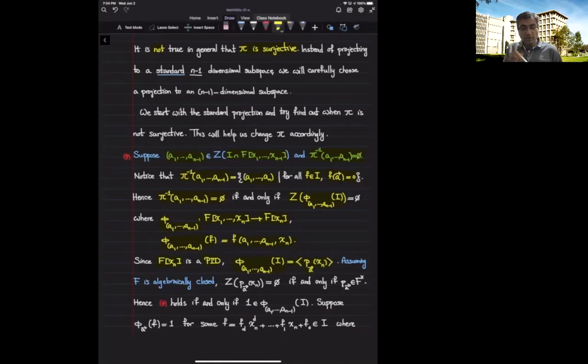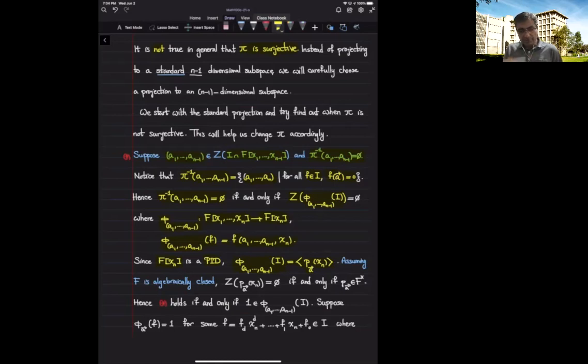Now, whether or not this principal ideal has a common zero just depends on the generator. If the generator has a zero, then every element inside this ideal has a zero, and it's the same as the one that the generator has. So everything boils down to understanding whether or not the generator has a zero.